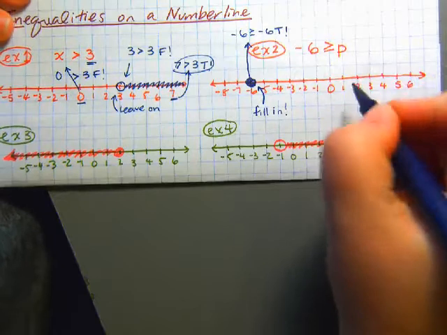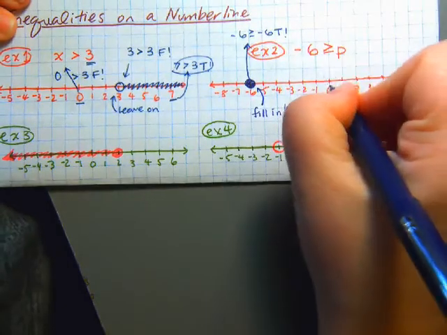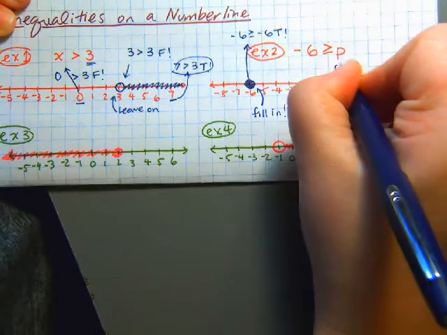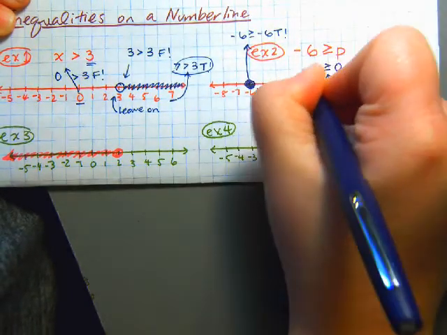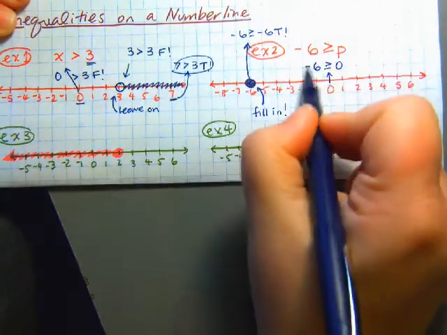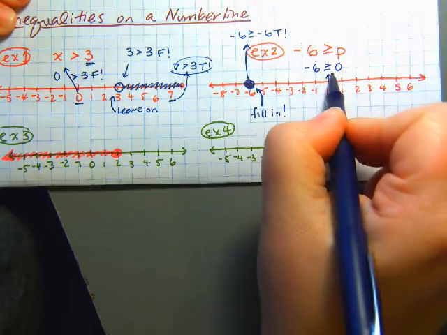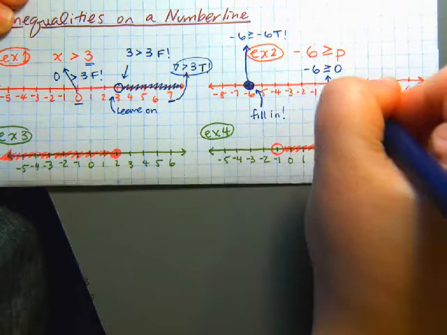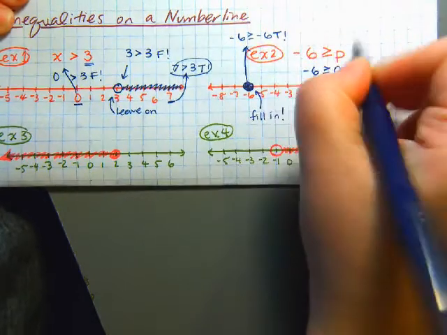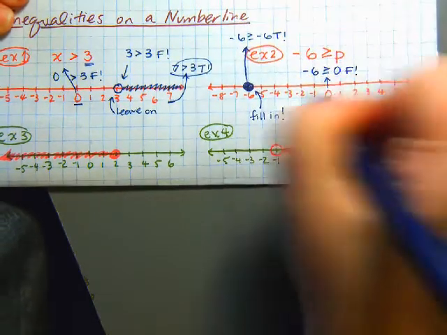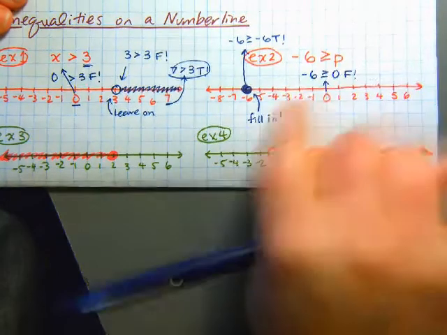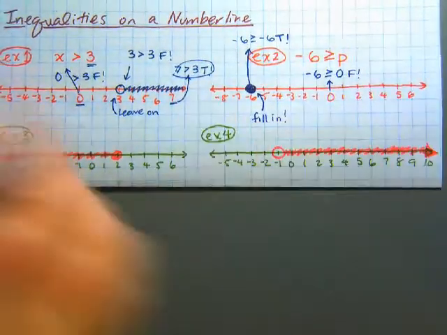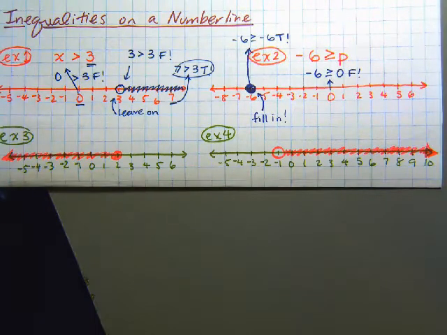Now let's test a point over here. Again, I love to pick 0 if it's an option. So I'm going to take 0 and put it in for P. And here I have -6 is greater than or equal to 0. Well, that's not true. 0 is actually bigger than -6. That's false, meaning we don't want to shade on this side because these are going to be false numbers. Then we're going to jump to the other side and let's try -8.